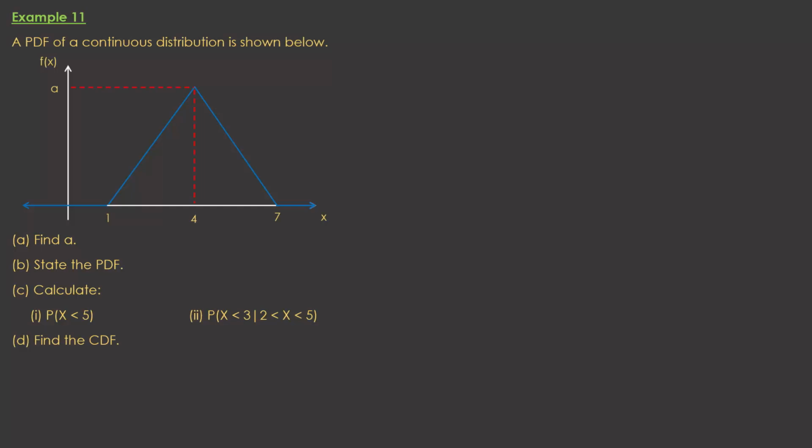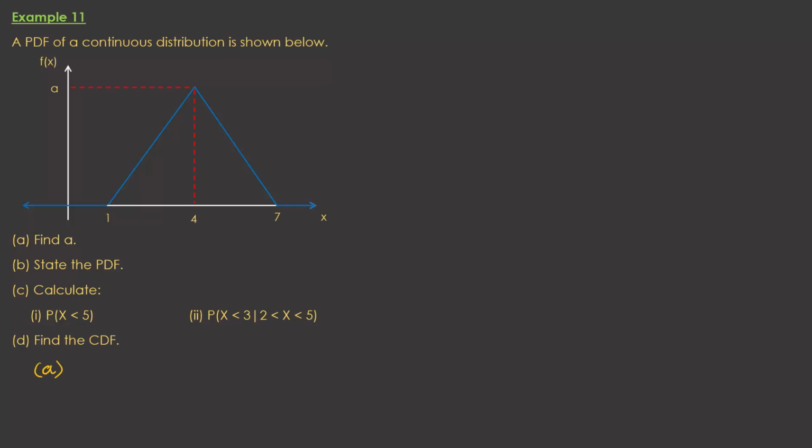A PDF of a continuous distribution is shown below. We want to find first the value of A. We can see that this is a triangle and we know that the total area in here has to be 1. We can see the base of the triangle is 6.